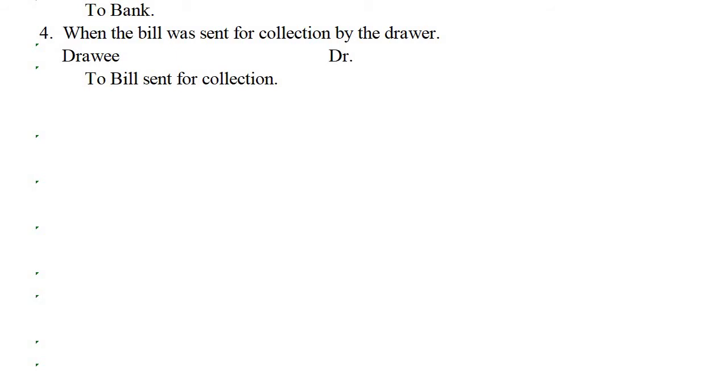The holder of the bill, which can be the drawer or the bank or the creditor of the drawer, anyone who is holding the bill, will normally present the bill on maturity to the drawee for payment. Suppose it is with the banker, the bank will present the bill on maturity to the drawee for getting the payment. But the drawee refuses, denies or is unable to pay.